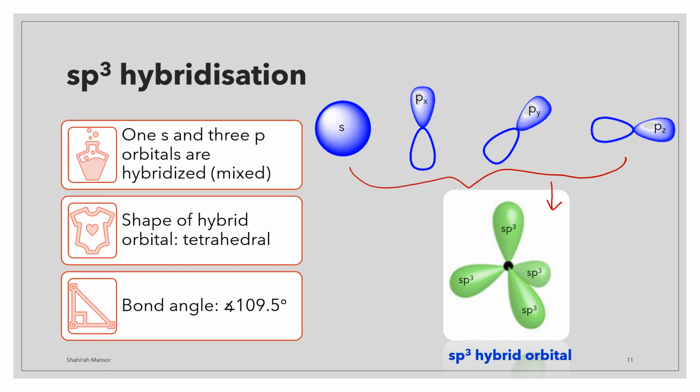So the shape of sp3 hybrid orbital adalah tetrahedral. So you can see shape untuk this hybrid orbital sama macam shape of tetrahedral yang kita lukis dalam molecular geometry. Alright, dan you have to labelkan setiap kelopak in this sp3 hybrid orbital sebagai sp3. And the bond angle between this hybrid orbital adalah 109.5 degree. So the value of the bond angle sama macam value of tetrahedral shape ataupun geometry.